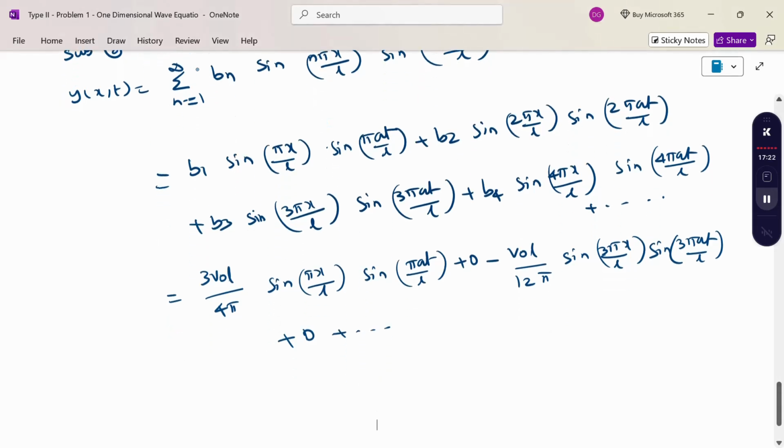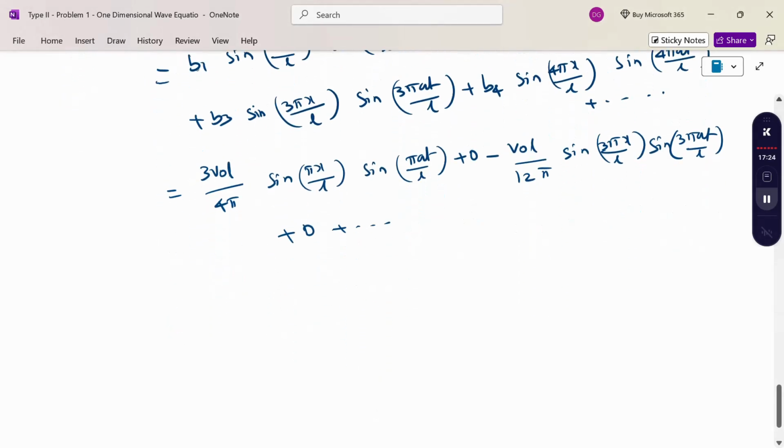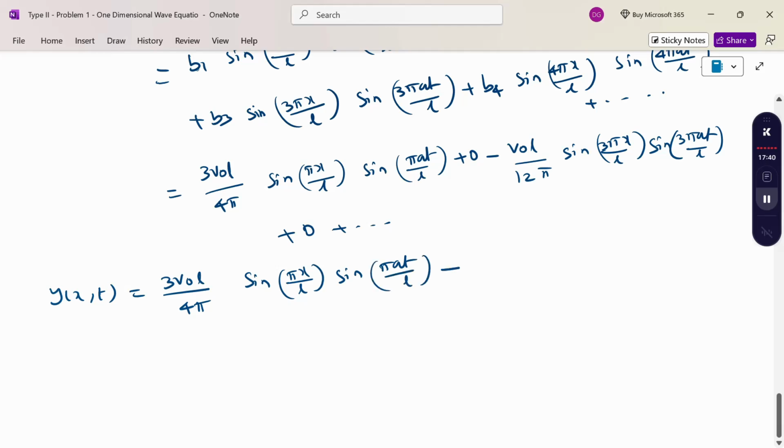Finally, the equation is y(x,t) equals 3 v naught L by 4 a pi sin(pi x by L) sin(pi at by L) minus v naught L by 12 a pi sin(3 pi x by L) sin(3 pi at by L).